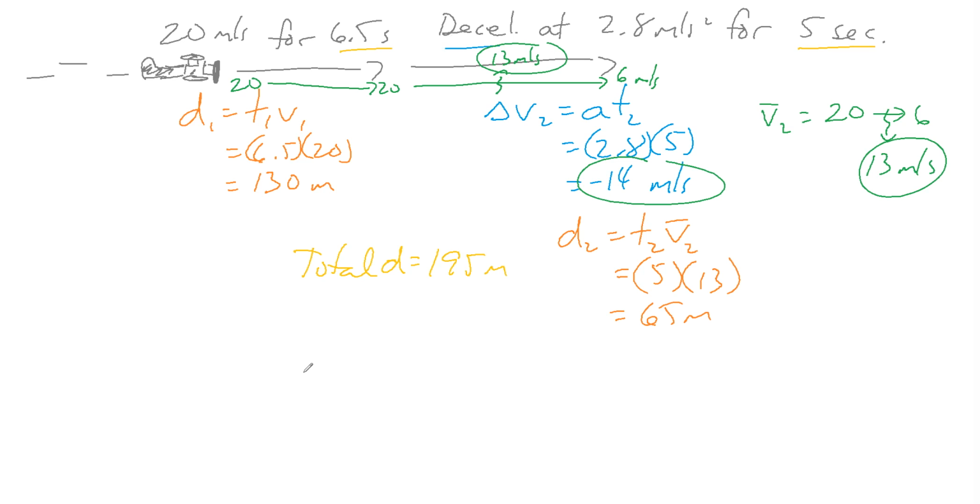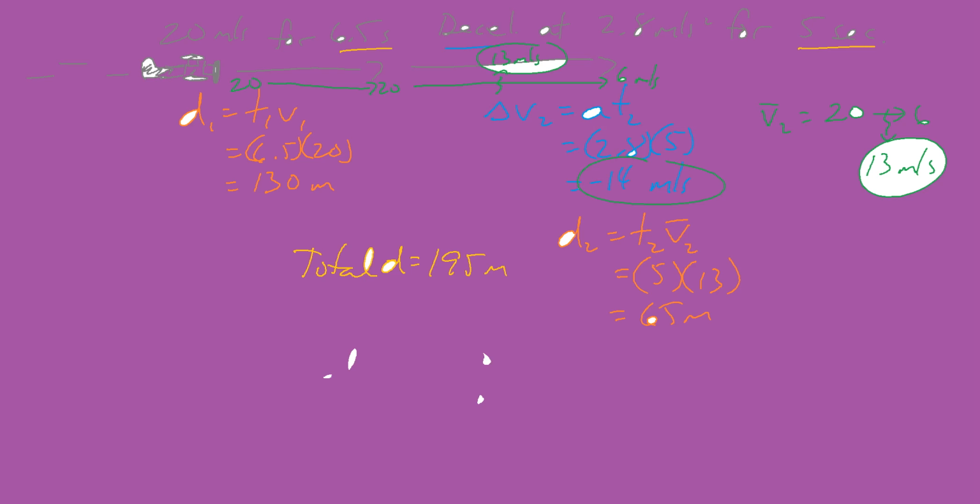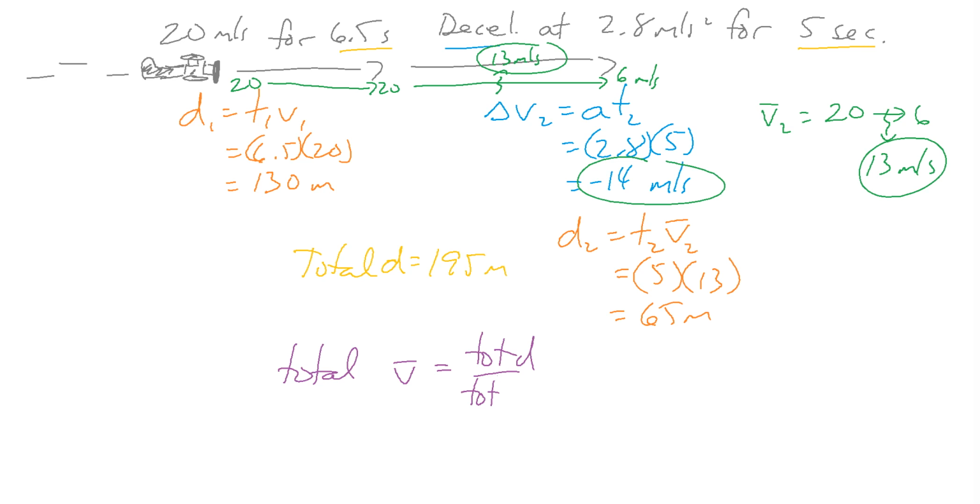So if I wanted to find my total average speed, I could use my total distance, and I could use not my TOF, but my total T.